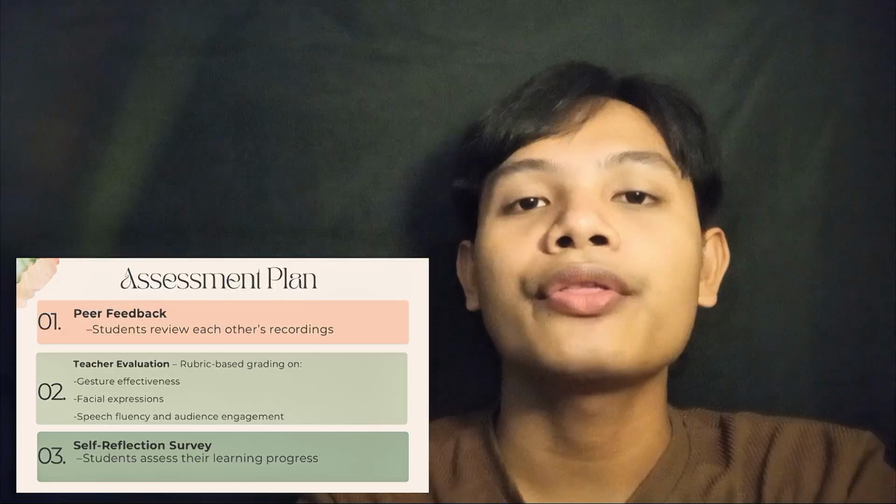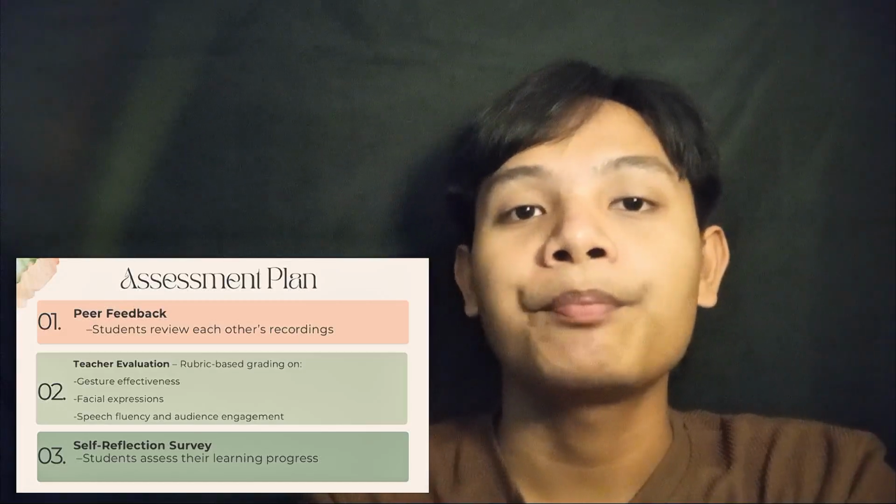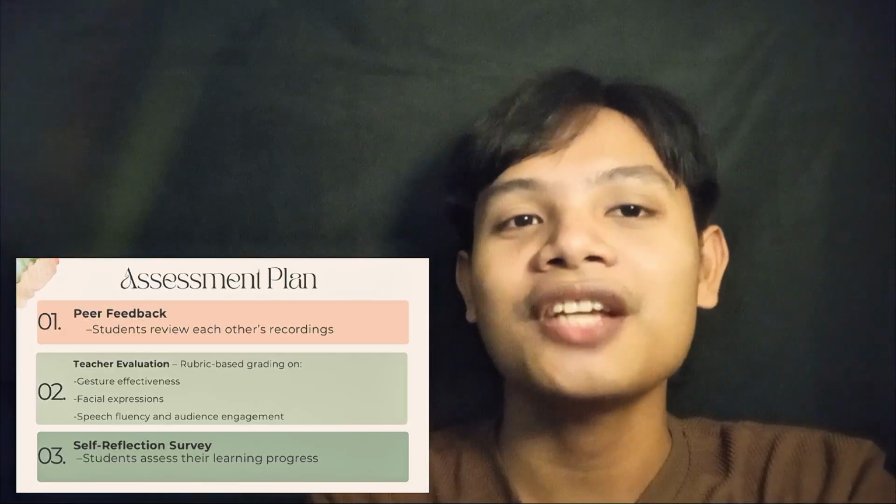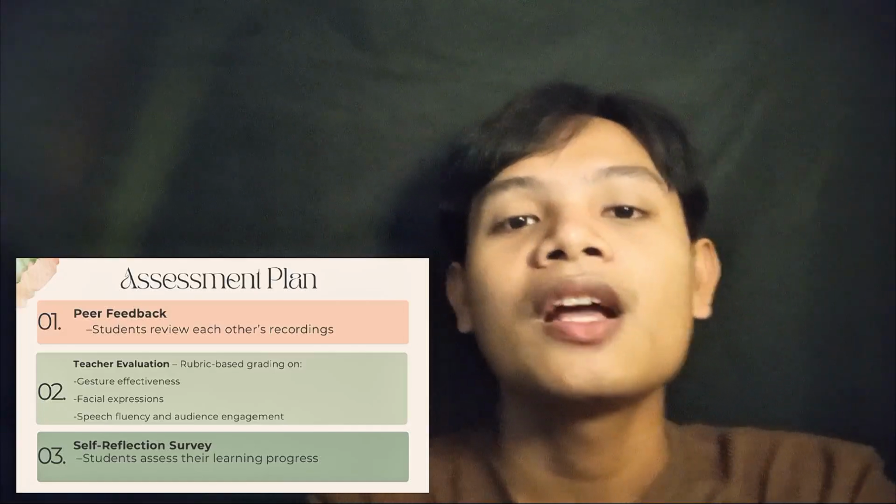Let's proceed now to the assessment plan. So assessment includes both formative and summative approaches. First, we have the peer feedback. So here the students analyze each other's gestures and provide suggestions for improvement. Number two, the teacher evaluation.